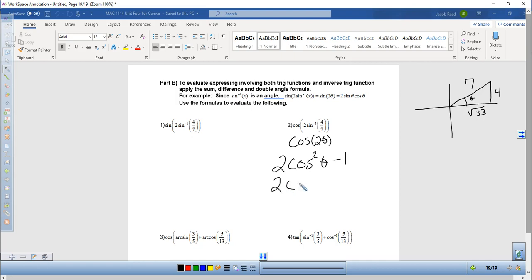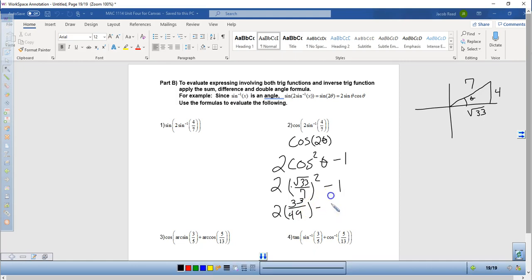So 2 times root 33 over 7 squared minus 1. Root 33 over 7 squared is 33 over 49, so 2 times 33 over 49 minus 1.